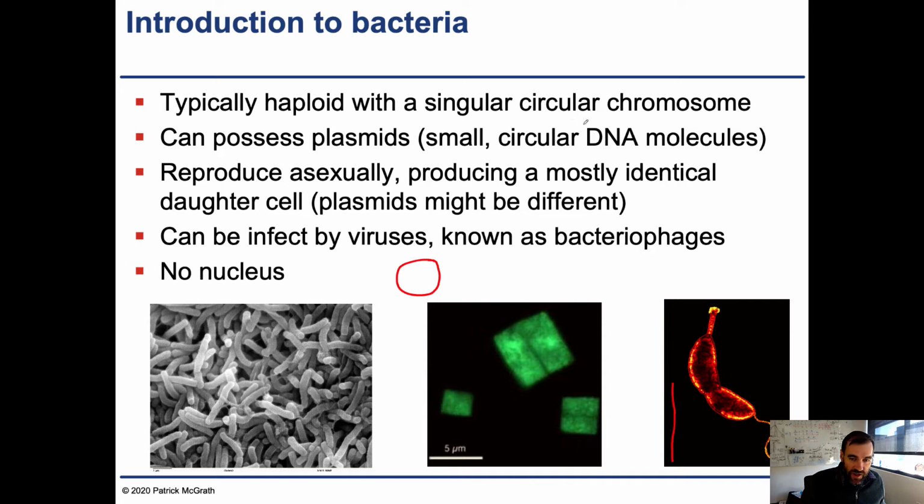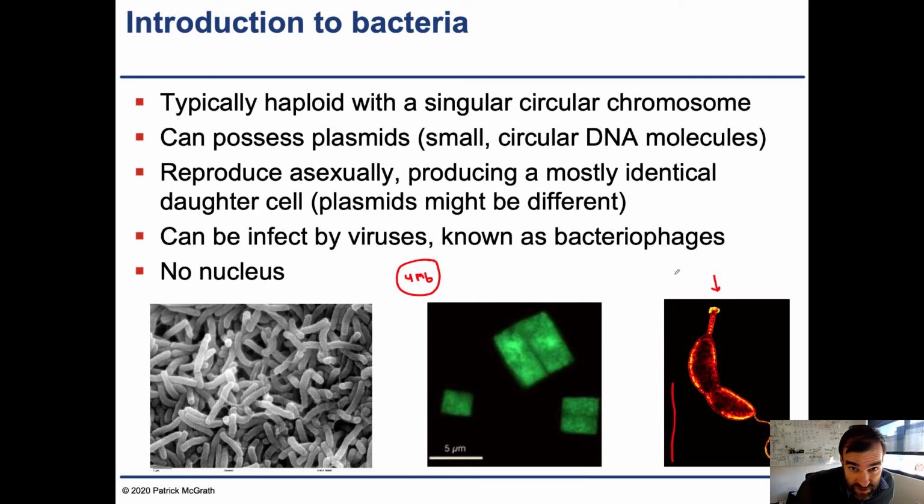There are some bacteria that have multiple chromosomes, but overall it's a good assumption that most bacteria have a single circular chromosome. The size of a chromosome varies, but 4 megabases is a semi-common length. This bacterium, for example, is Caulobacter crescentus, and it has a 4 megabase genome.